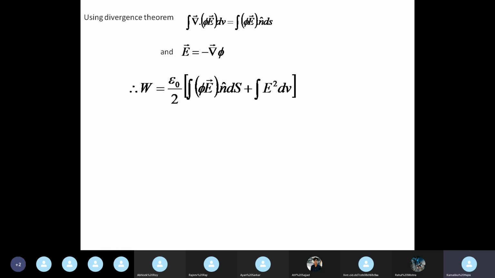Now the volume that you're integrating over, that is where the charge is located in reality, you can consider a larger volume as well, because in that extra volume there will be no extra charge.